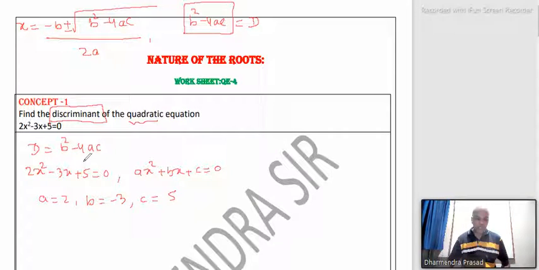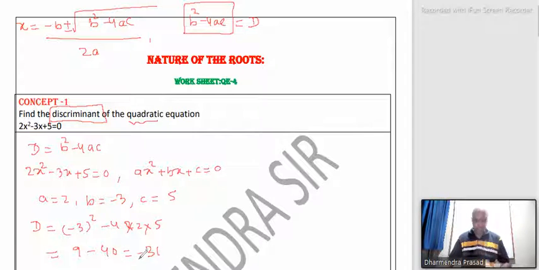Putting these values in b square minus 4ac, D is equal to minus 3 square minus 4 times 2 times 5. You will get 9 minus 20 into 2, 40, that is equal to minus 31.